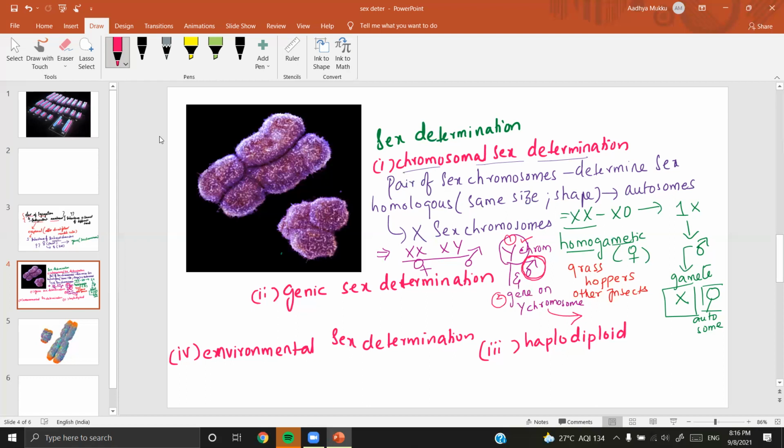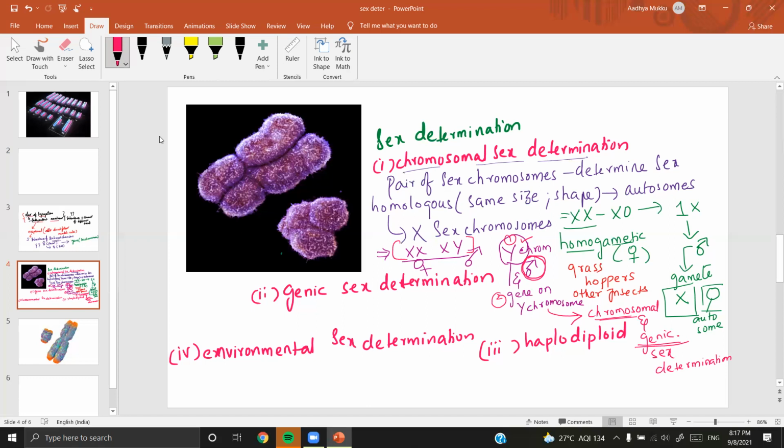You can even call this chromosomal sex determination and genic sex determination. Why so? Because we have seen that the gene on the Y chromosome as well as the chromosome itself is determining the maleness. So we call it chromosomal or genic sex determination in the case of XX and XY sex determination.